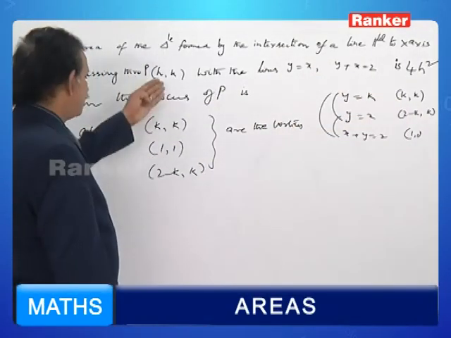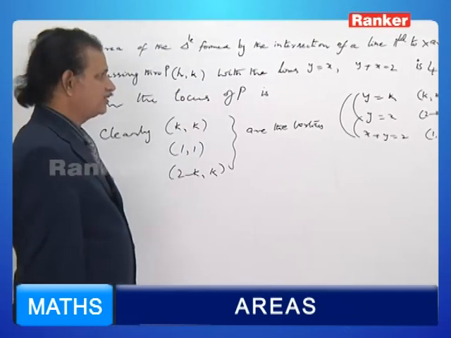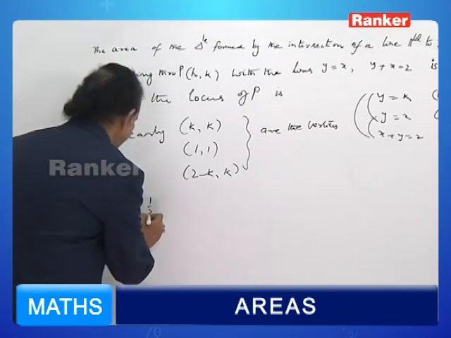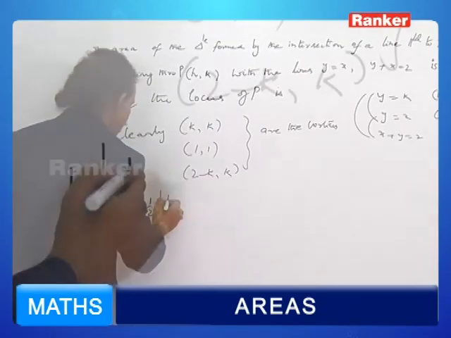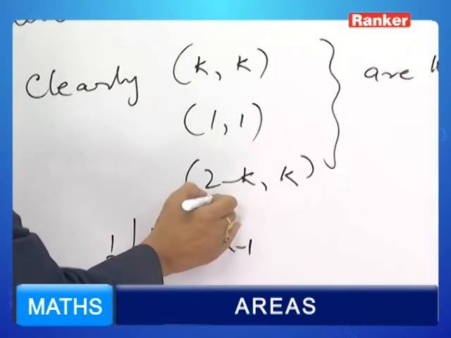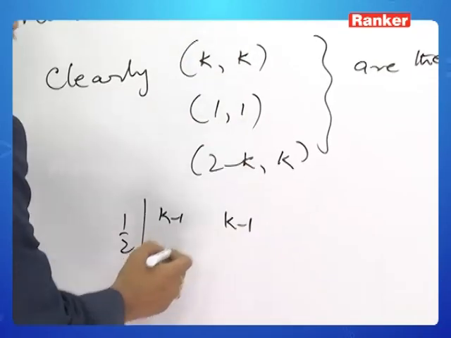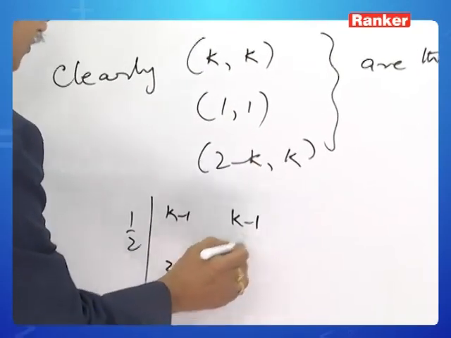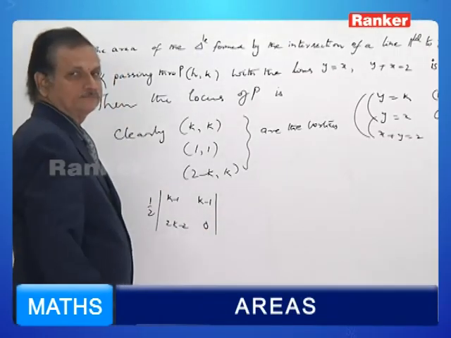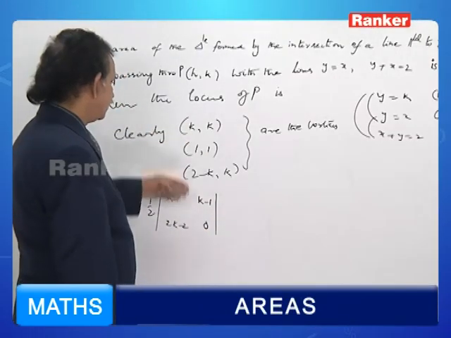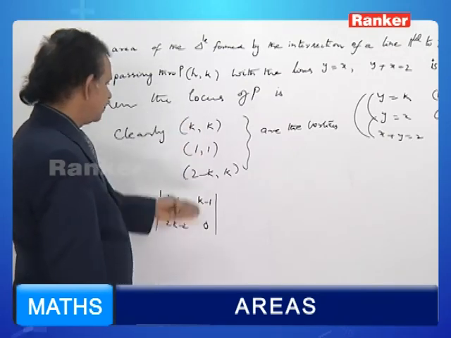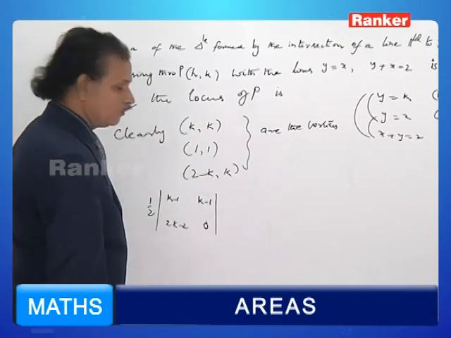Area of the triangle formed by these 3 points is 4h square according to the data. Therefore, what is the area? Half into, come on, k minus 1, k minus 1, k minus of 2 minus k, that is k minus 2 plus k, which is 2k minus 2, and k minus k is 0. What is the area?